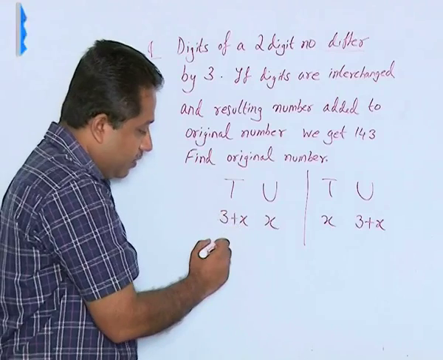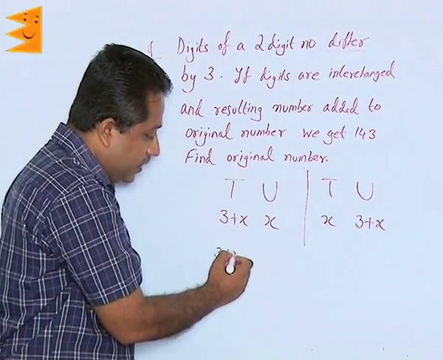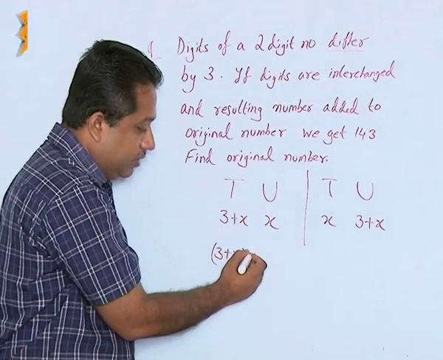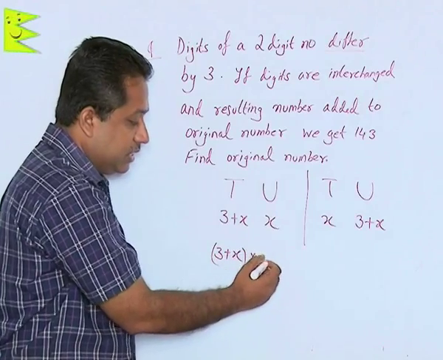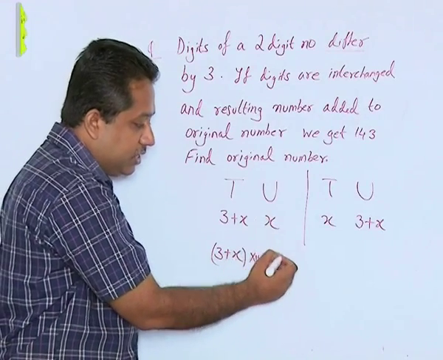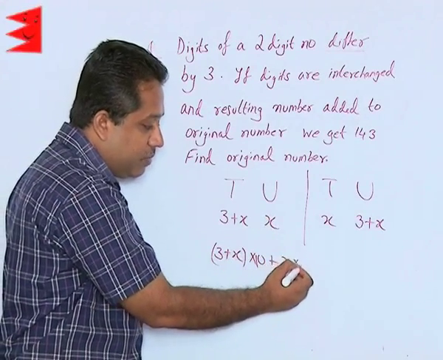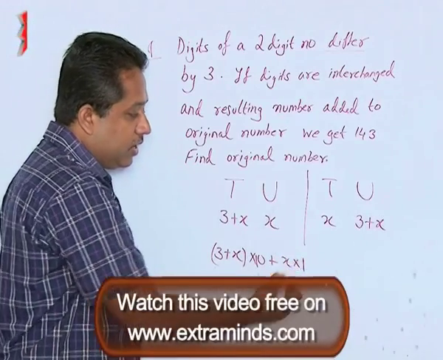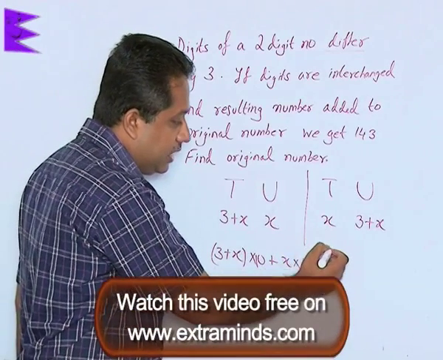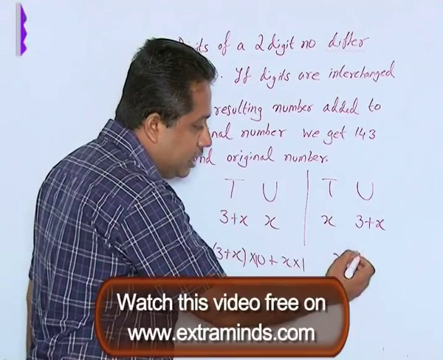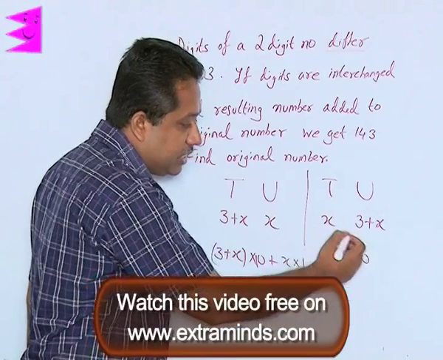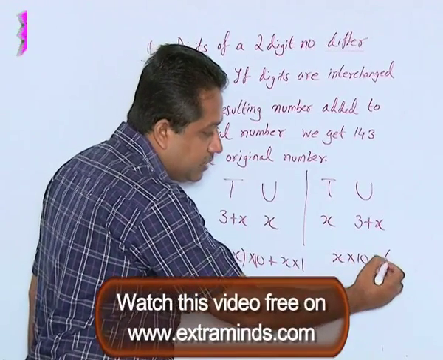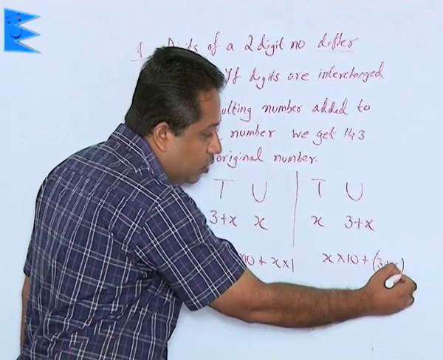And therefore, this will become 3 plus x into 10, because this is in the tens place, plus the digit at the units place is x, that will be multiplied with 1. And the reverse number, on the other hand, will be x into 10, because this is in the tens place, plus 3 plus x into 1.